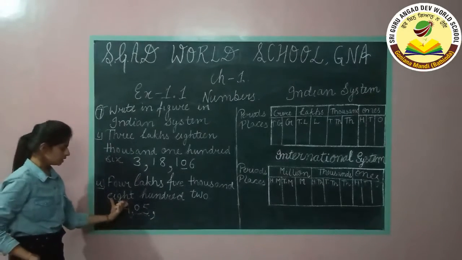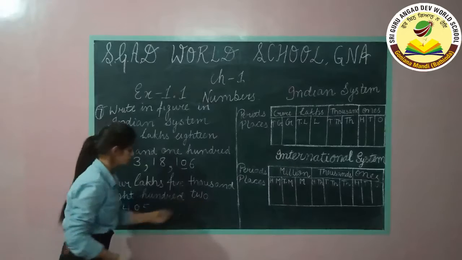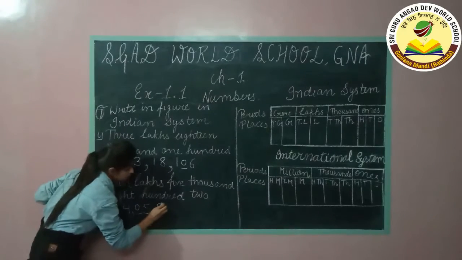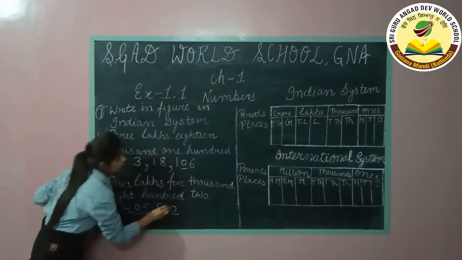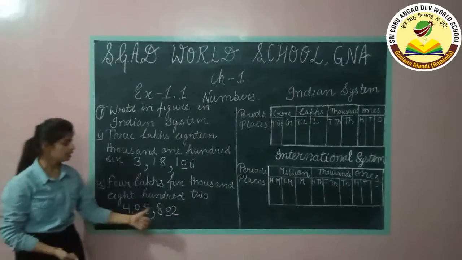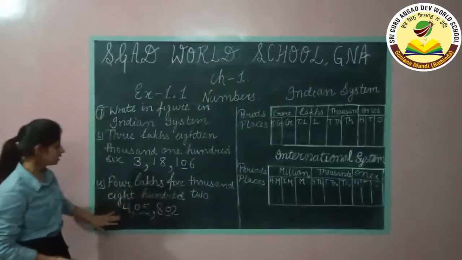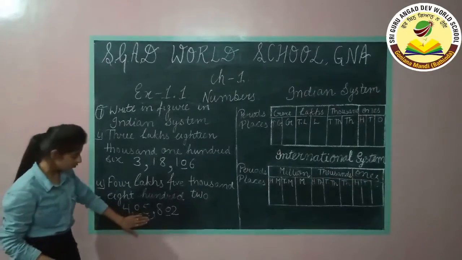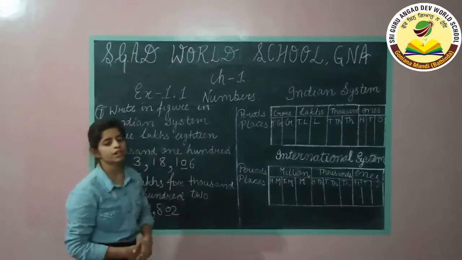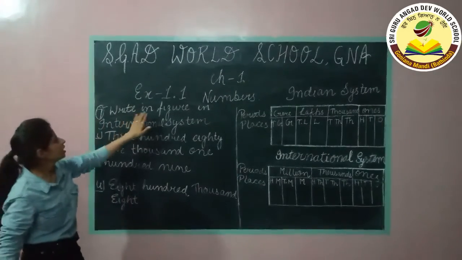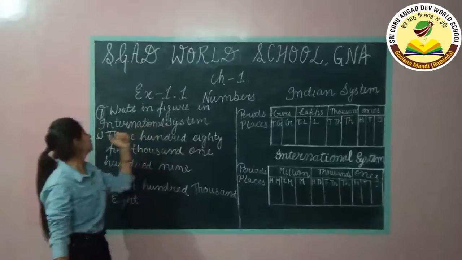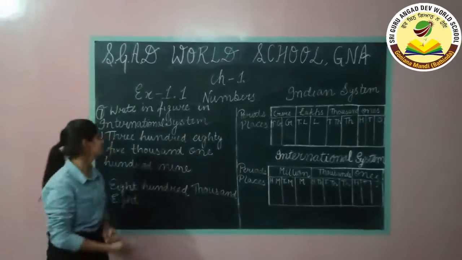In the third period, 802. The tens place also contains 0. We write it as 4,05,802.